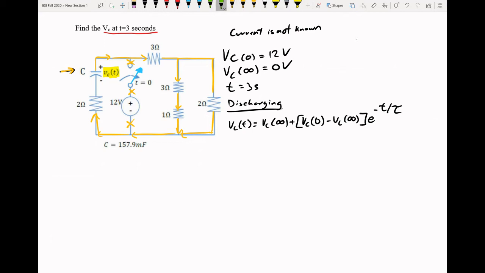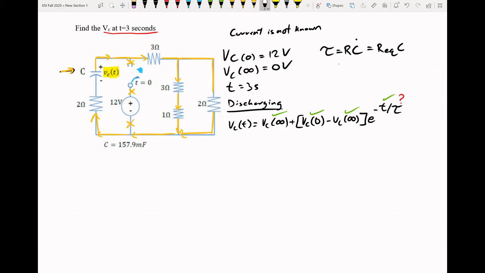So let's go through here and mark off what we know. So we know that, we know that, we know that, we know that. The only thing we don't know is tau. So now we've got to go find tau. So tau is equal to R C, which is our equivalent. So what we're going to do is treat this entire circuit as if there's only one battery, which is the capacitance.